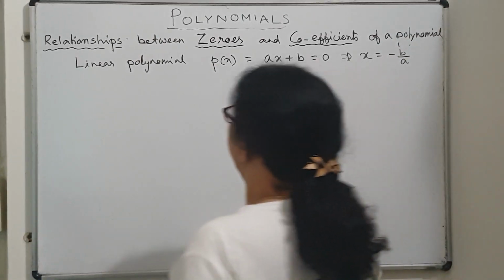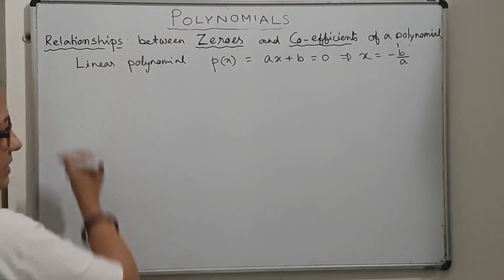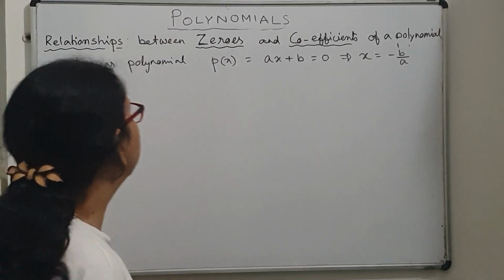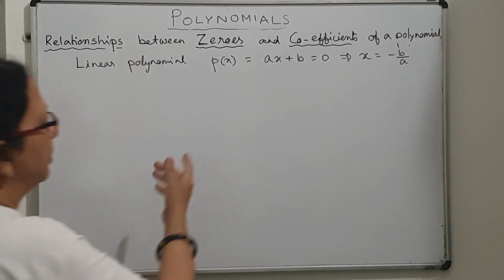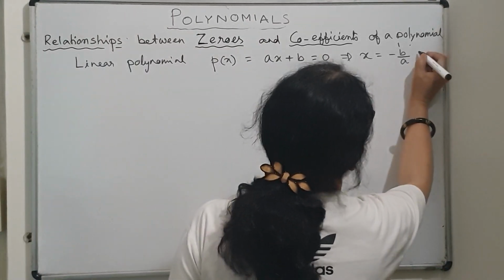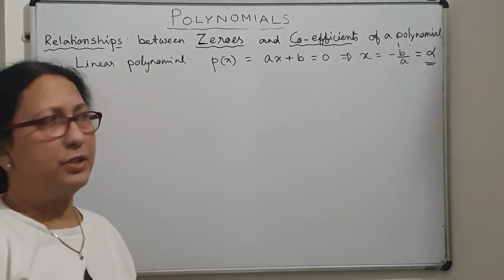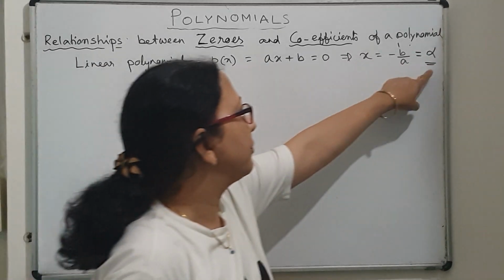Again, it is a convention to express the zeros by Greek alphabets, like alpha, beta, gamma, delta. So here only 1 zero, so I write it as alpha.